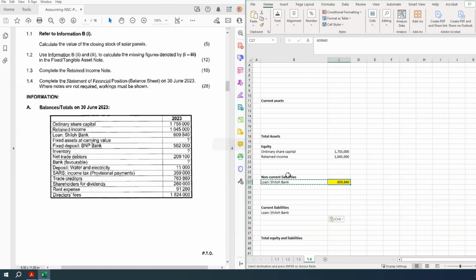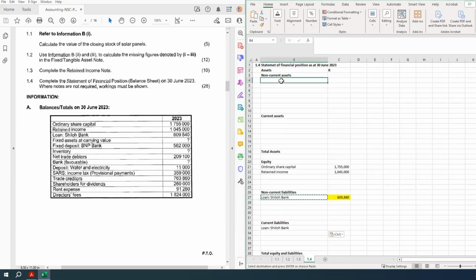Okay, and also the reason why I'm pre-populating my balance sheet with what's been given is also just to make sure I don't miss anything in my balance sheet. All right, so there's also fixed assets at carrying value. So that wasn't given. We had to calculate that. So fixed assets, right?